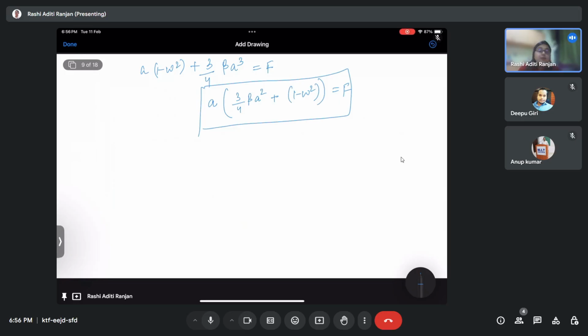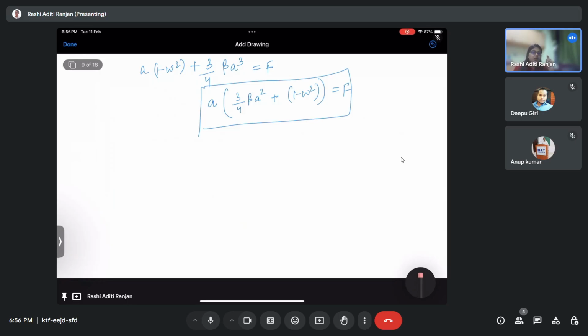So if you plot this, you will see that there exist values of f for which my system is going to have sometimes 3 positive values of a, because a is the amplitude of oscillation. Amplitude is always going to be positive. It cannot be complex, it cannot be negative. So you are going to have 3 values of amplitude.